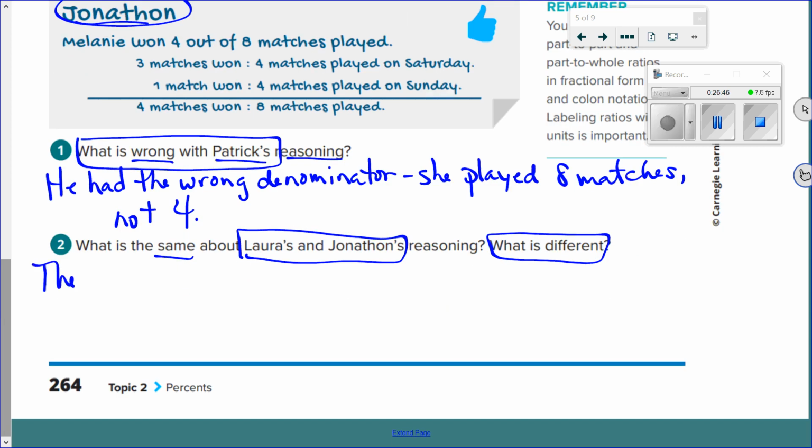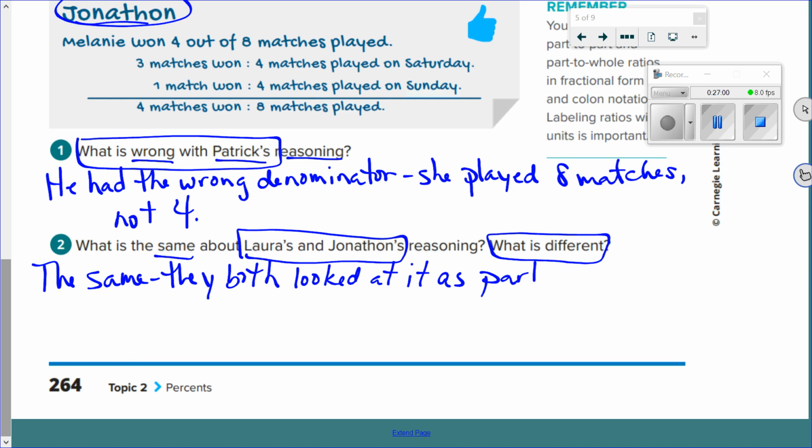They both looked at it as part-to-whole ratios and used additive reasoning.